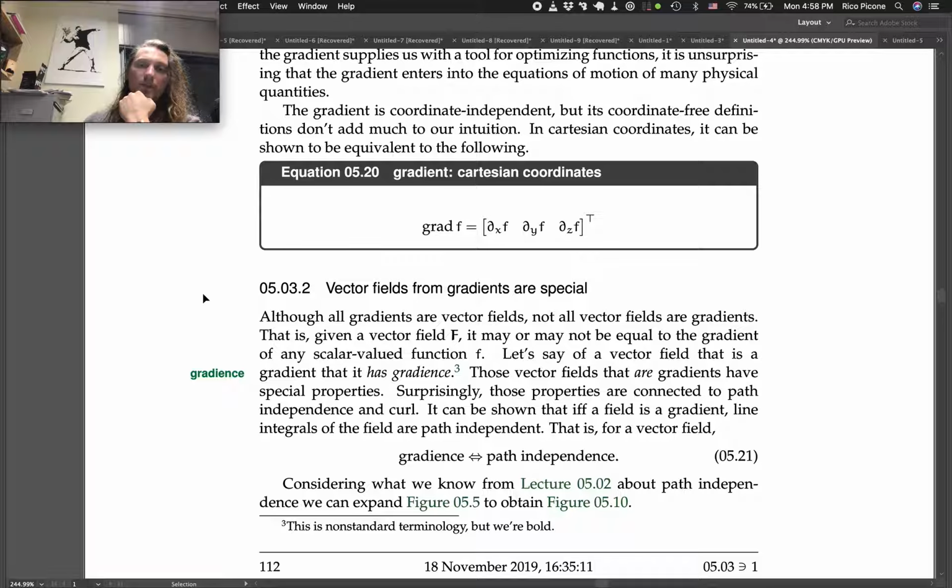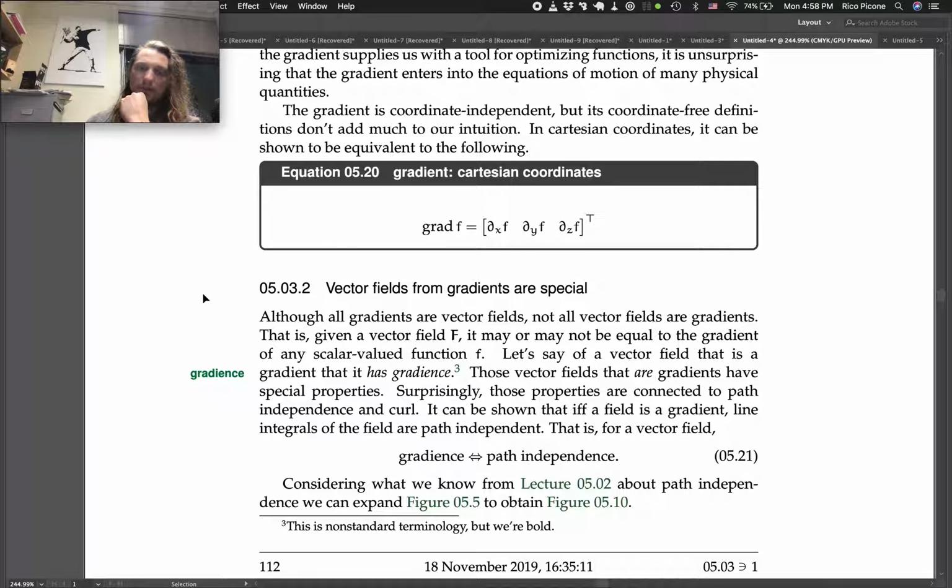Those vector fields that are gradients have special properties. Surprisingly, those properties are connected to path independence and curl. It can be shown that if and only if a field is a gradient, line integrals of the field are path independent.